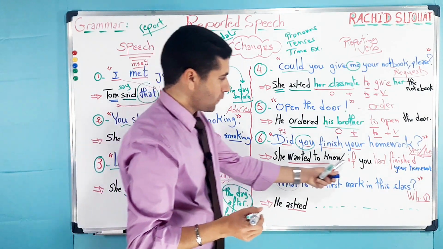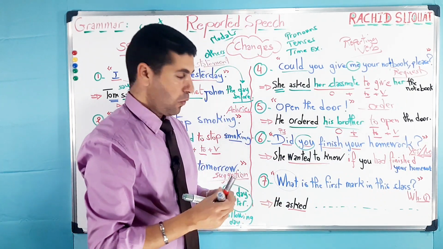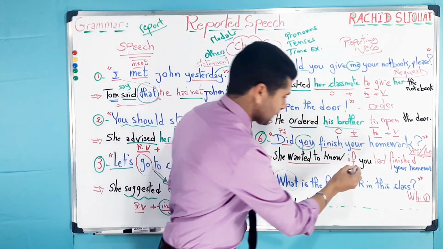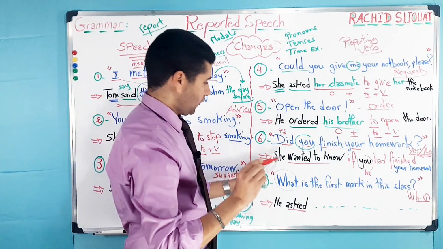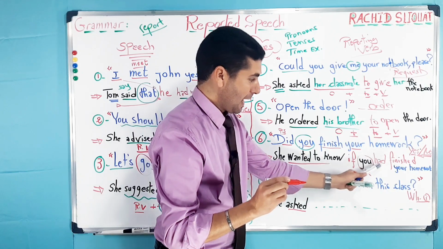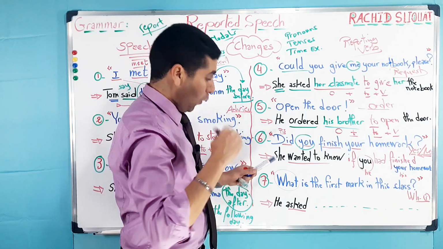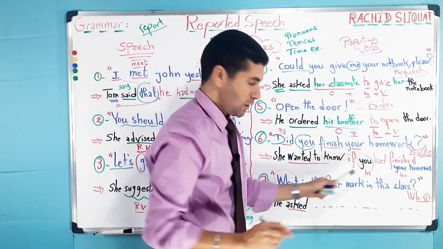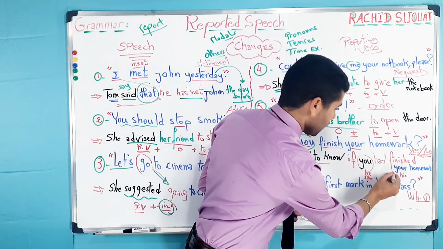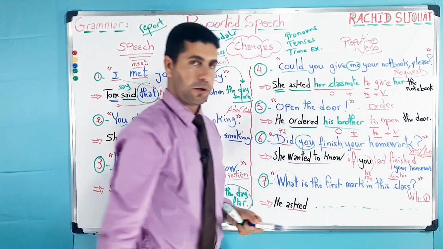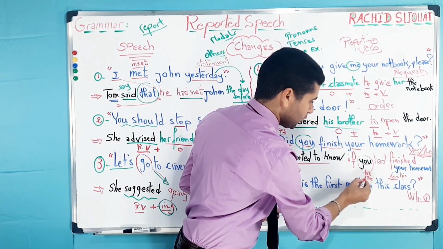So she wanted to know if you had finished your homework, or if we change this with he, for example, she wanted to know if he had finished his homework, or she wanted to know if we have she here, if she had finished her homework.